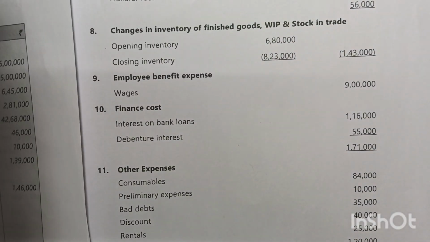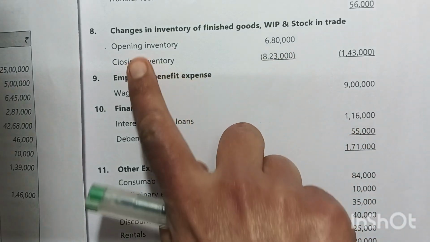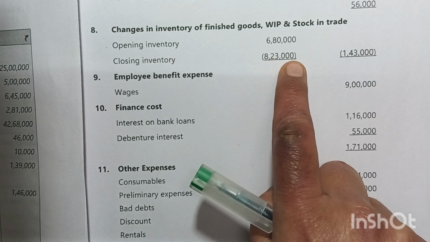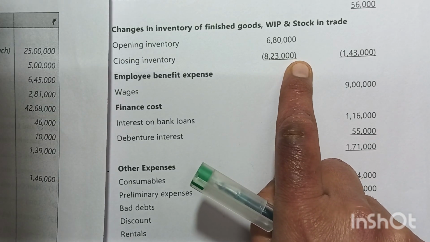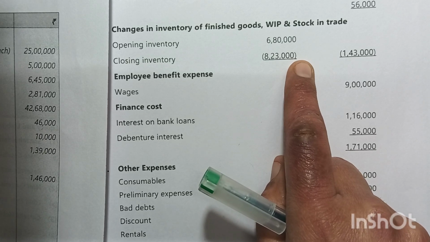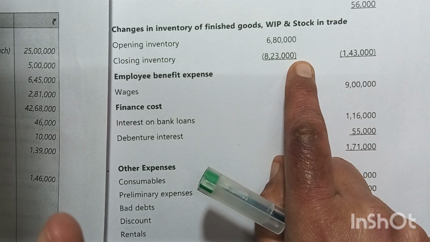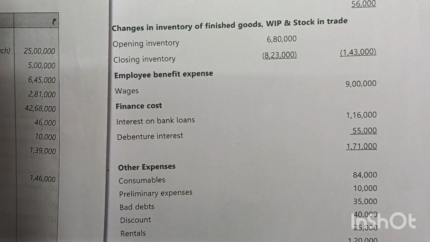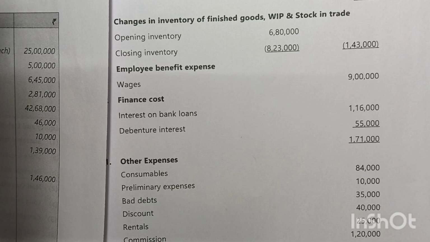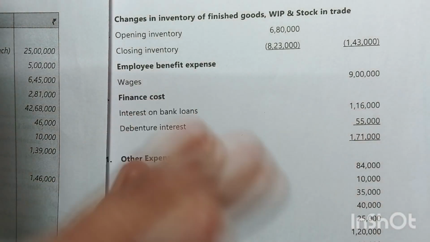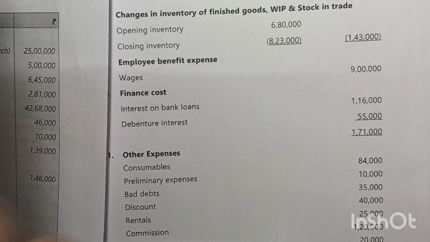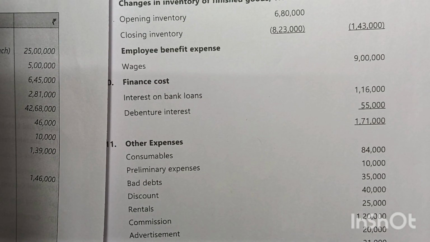So we'll compute here. We have a difference between the opening inventory of 6,80,000 and the closing inventory of 8,23,000. Why did the difference come? Because we made some purchases. Like initially we had 5 lakh of stock, but in the end we have 8 lakh of stock, and the 3 lakh came from purchases.